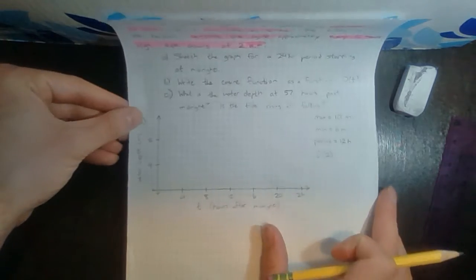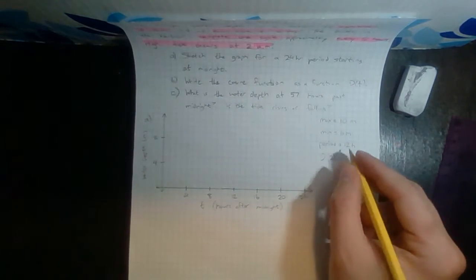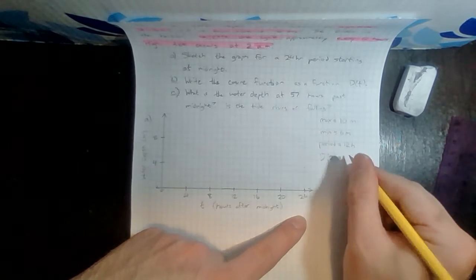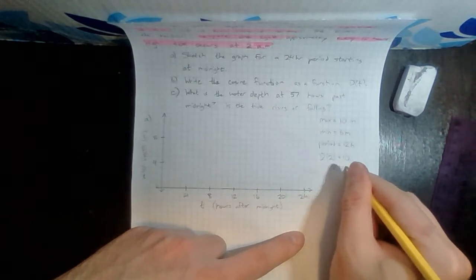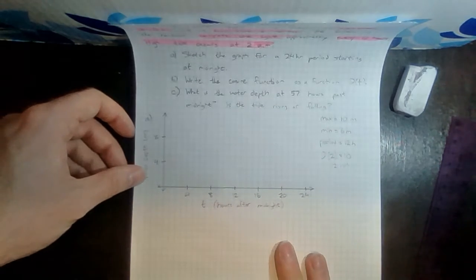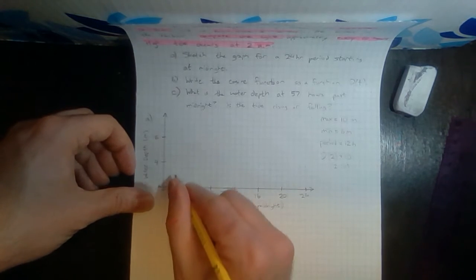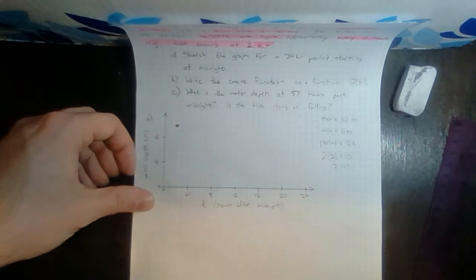So depth is our dependent variable, time is our independent variable. So the depth at 2 hours is it's high tide. So d of 2 equals 10, or (2, 10) is going to be a point on this graph. So we can put a point at (2, 10). We know that has to be a maximum.